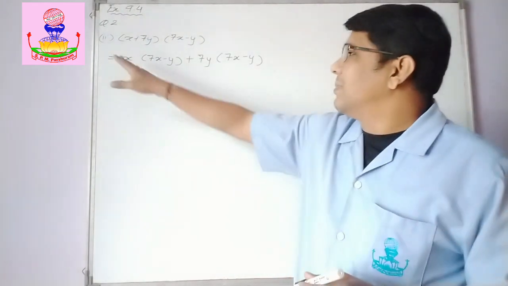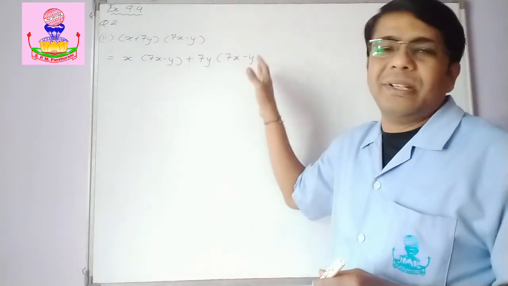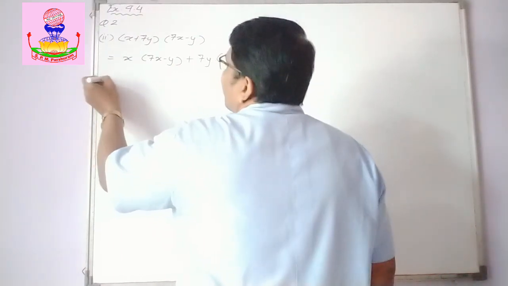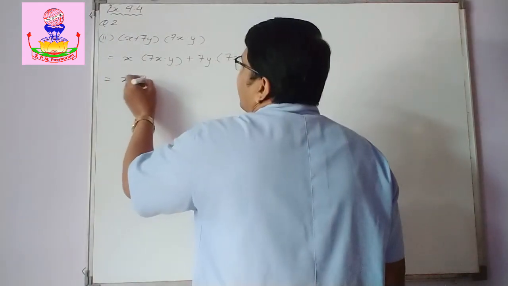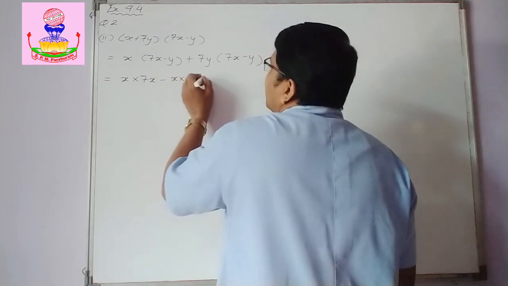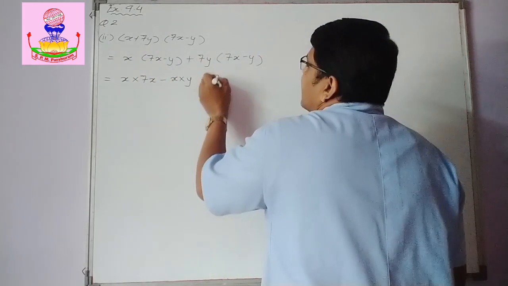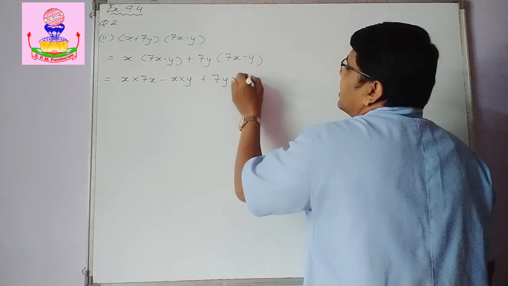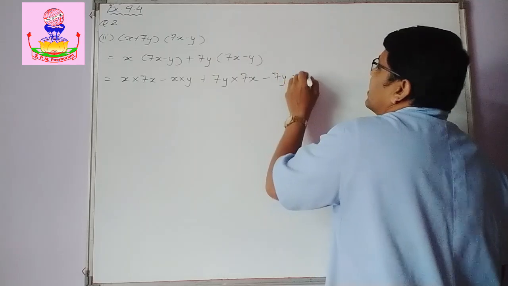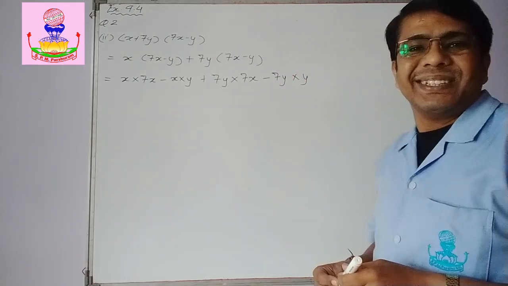And now this is monomial by binomial, monomial by binomial, and we know that, okay? So x into 7x plus into minus, minus x into y, plus into plus, plus 7y into 7x, plus into minus, minus 7y into y, okay?